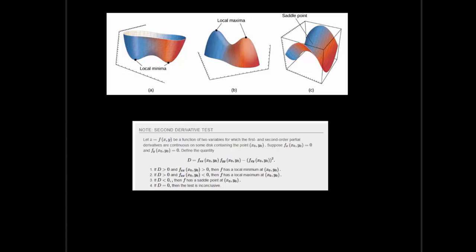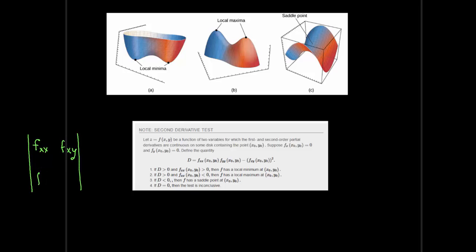Let's suppose we've got a function. Here's the way we're going to look at it. We have the second derivatives, fxx and fyy. Let me, I didn't do that right. This might be a way to help you remember it.